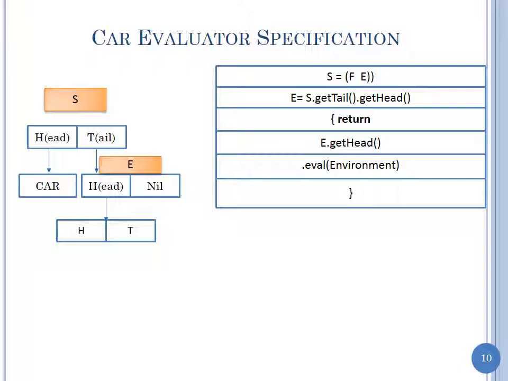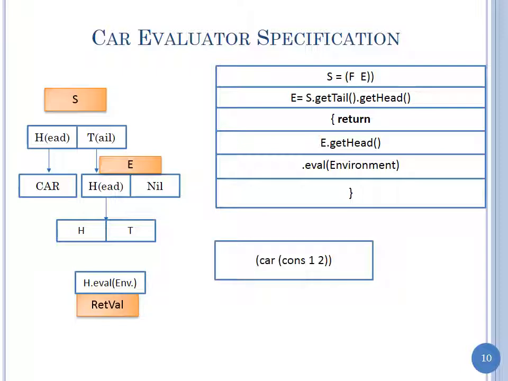Okay. So there are many questions here. Should I just get the head first, and when I get the head, try to do an eval? So let's just take some examples. And so that's what I would return in this case. So if I have car of cons 1, 2, with this algorithm, what will I return? So with car of cons 1, 2, I should return 1.